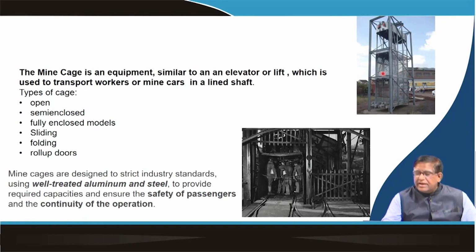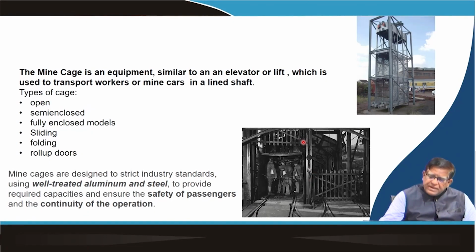This is a triple deck, and over here a double deck cage. Just below one layer, another layer, the people can be in; sometimes in one layer you can have the person standing, in another the car standing, and the whole thing will be lifted. You can see these tracks are laid, so that when the mine cars come, they will be put over here.